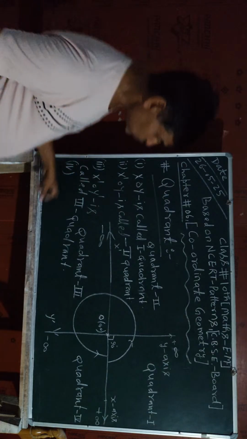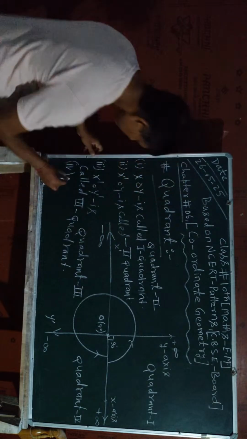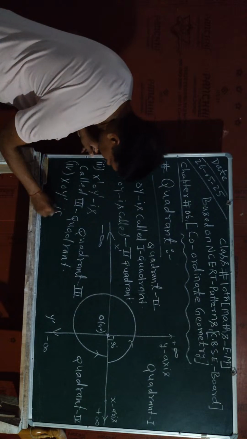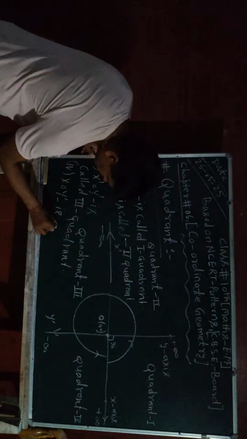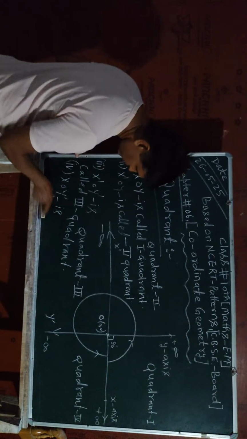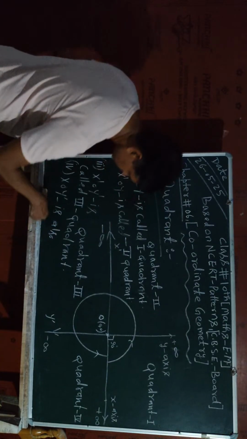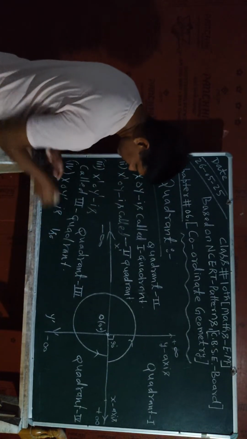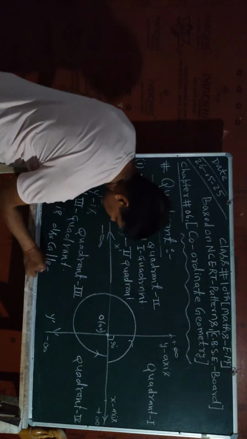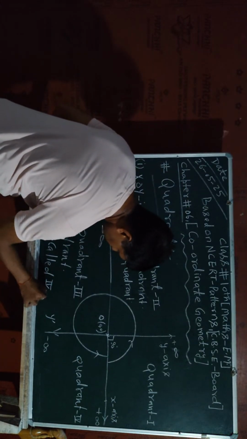So next will be x o y dash. x o y dash is also called the fourth quadrant. So here I have to write fourth quadrant.